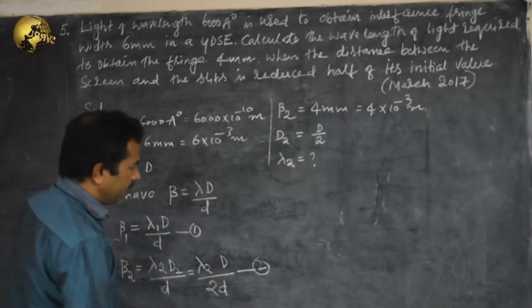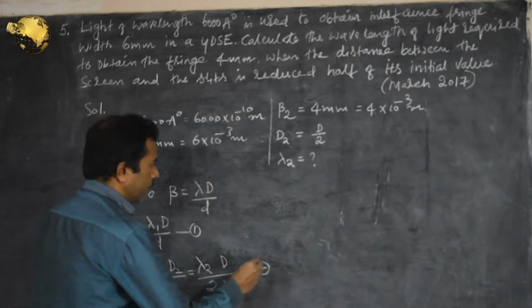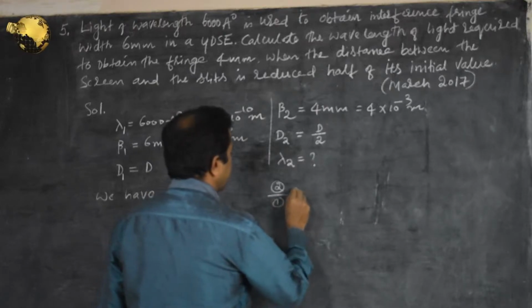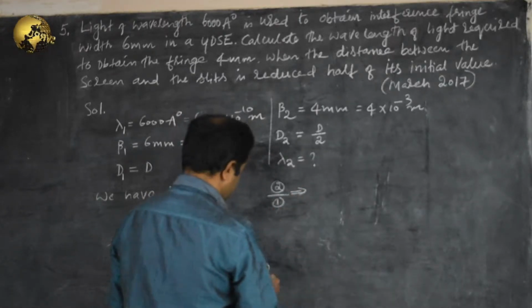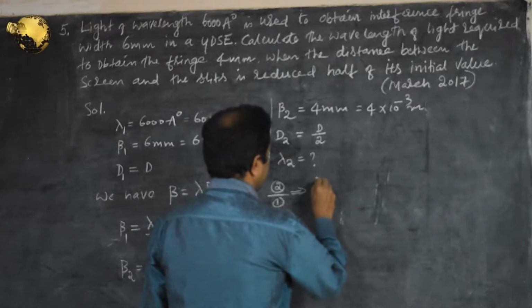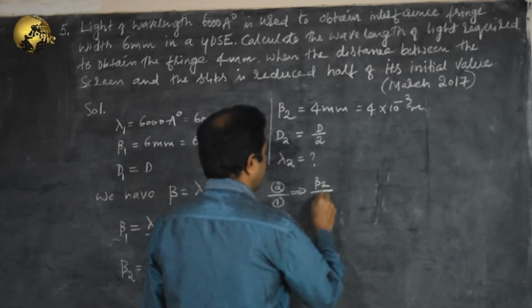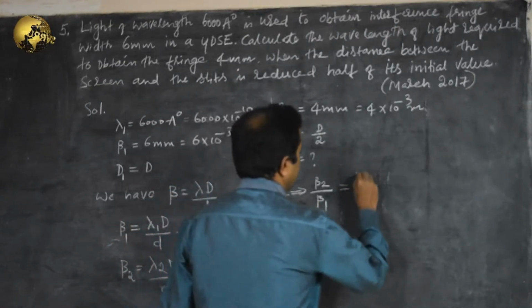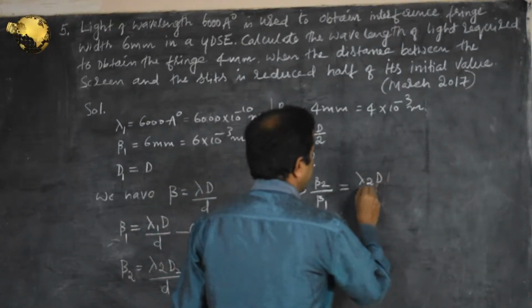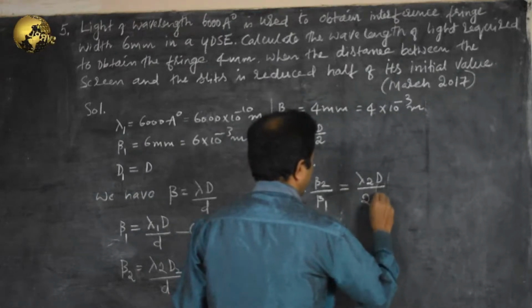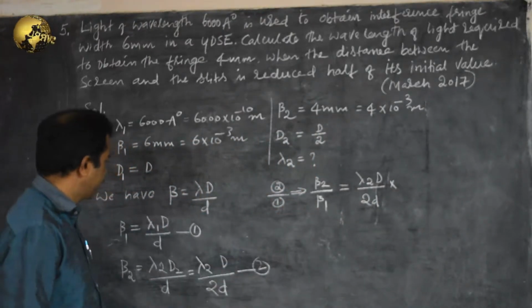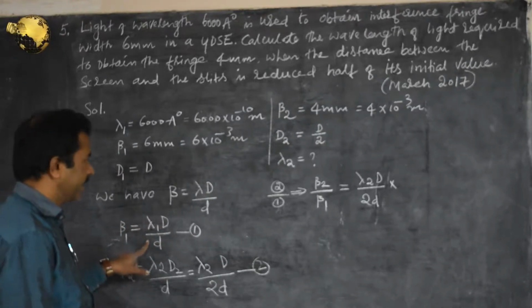Let us divide equation 2 by 1. That is beta 2 divided by beta 1 is equal to lambda 2 into D divided by 2d, divided by lambda 1 into D divided by d.